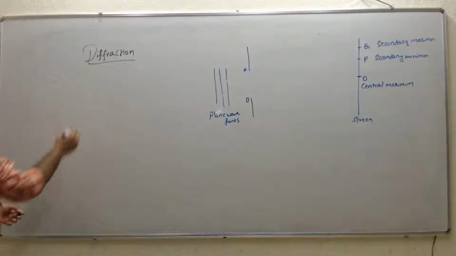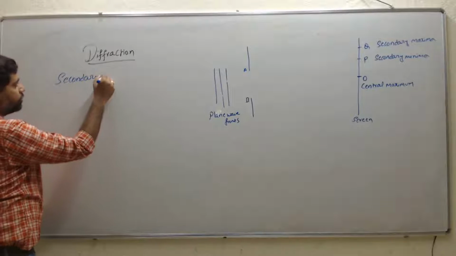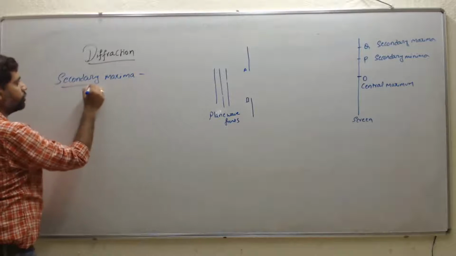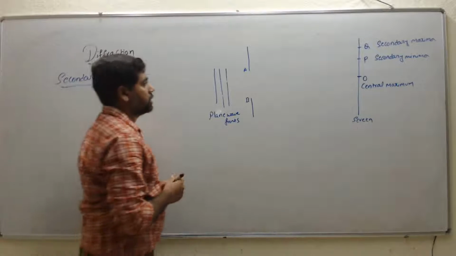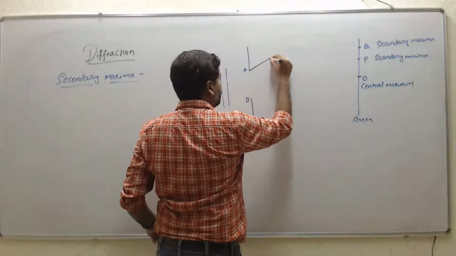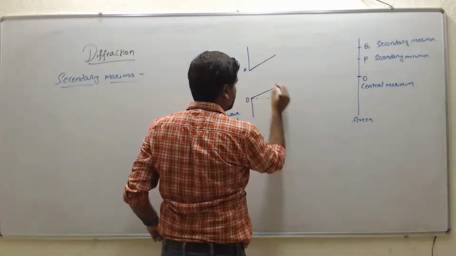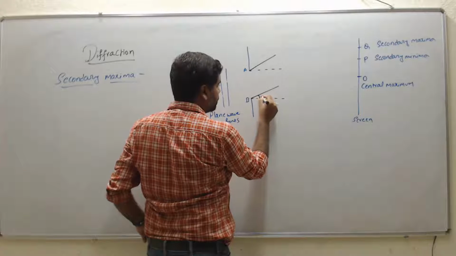That region we call the secondary maxima, which we are going to study. In the last class we took the two waves making the angle theta, the diffracting angle theta.